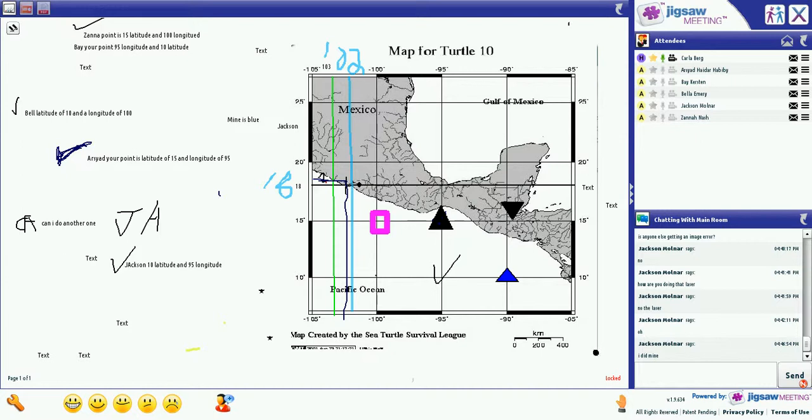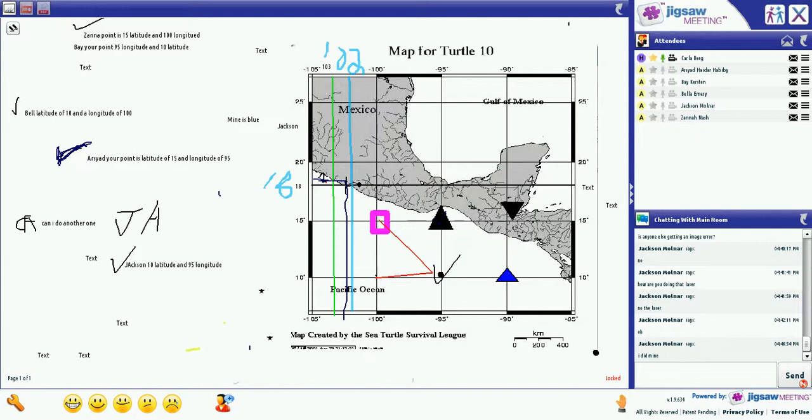You have 15 latitude and 100 longitude going to Bay, which is 95 longitude and 10 latitude. So our sea turtle went like this. Then our sea turtle went to Bella, who is 10 degrees latitude and 100 degrees longitude. So then he went to here.